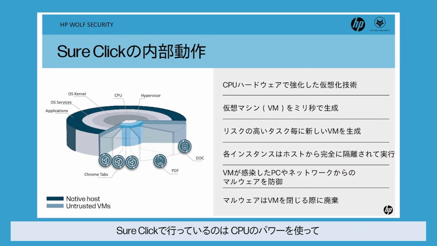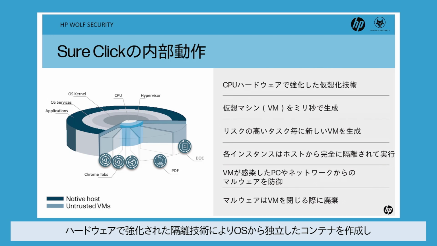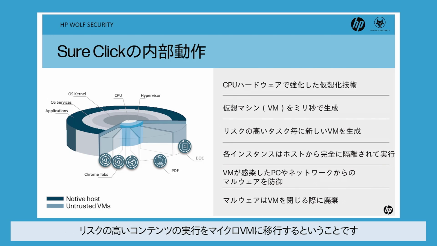And what we're doing with SureClick is we're using the power of that CPU to create a separate container operating system with hardware-enforced isolation, and we move the execution of that high-risk content into the micro VM.